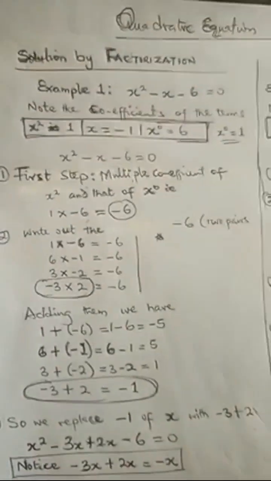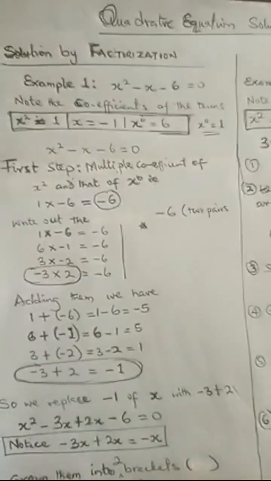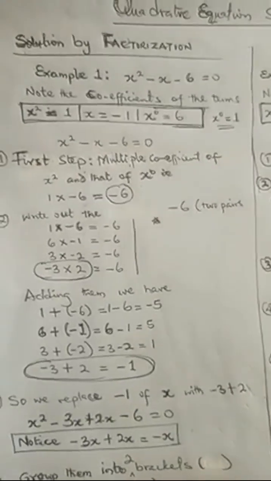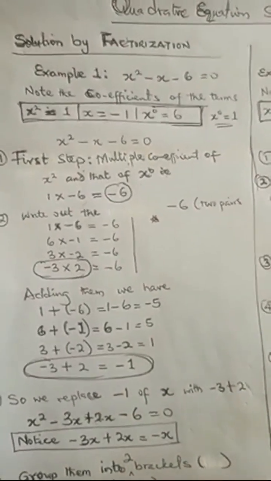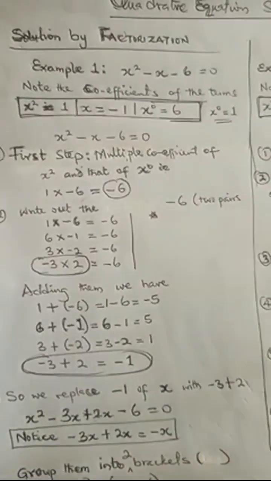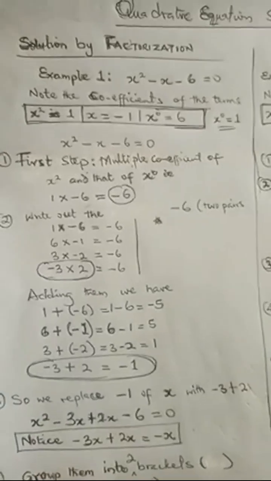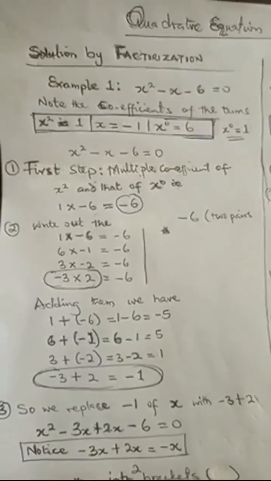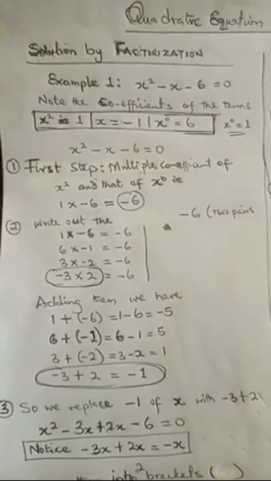Now, to solve a quadratic equation by factorization, what we note is the coefficients of the 3 terms: x raised to power 2, x raised to power 1, and x raised to power 0.